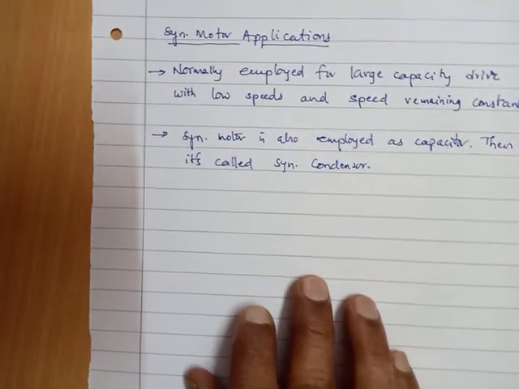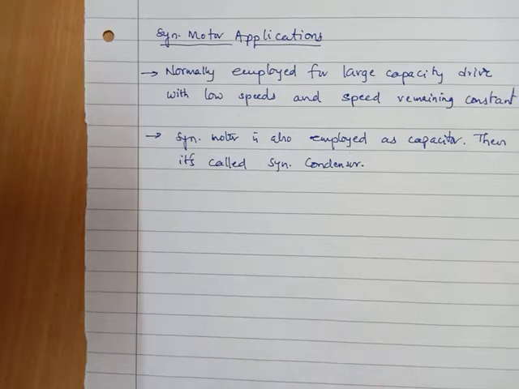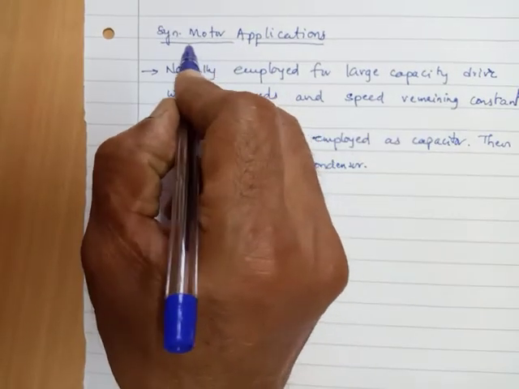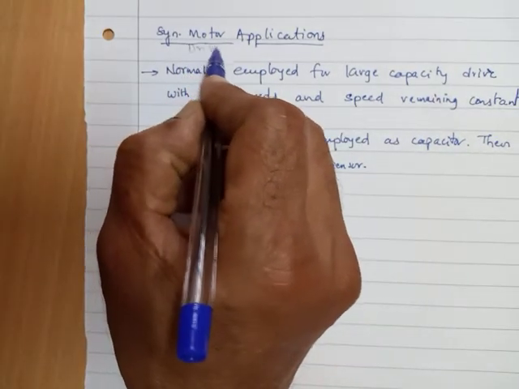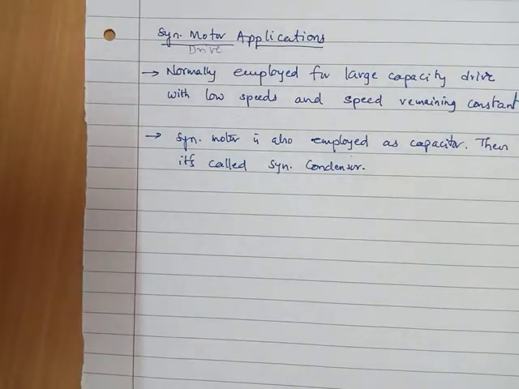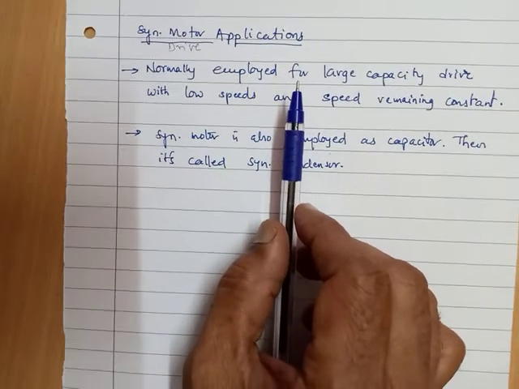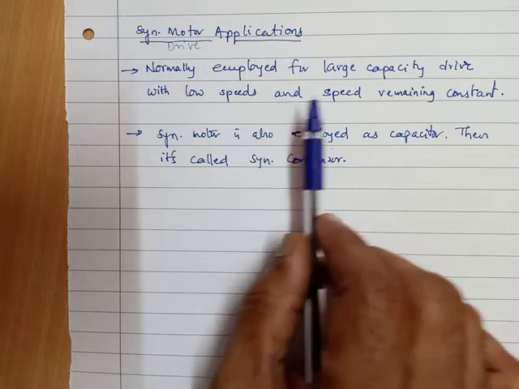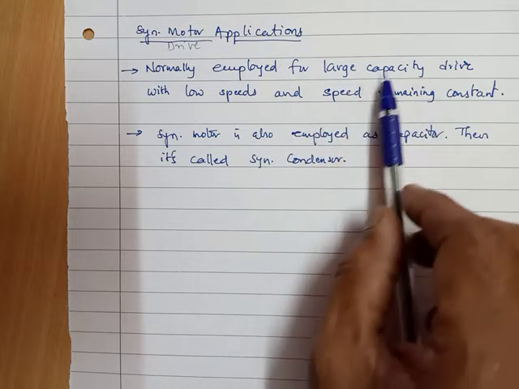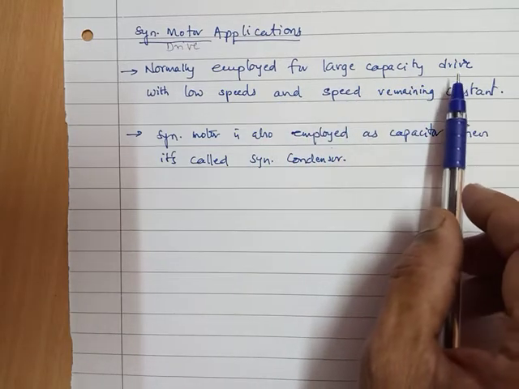Now, with an idea about the control of the drives, we will look at the applications of the synchronous motor drive. Normally, the synchronous motor is employed for very large capacity applications.